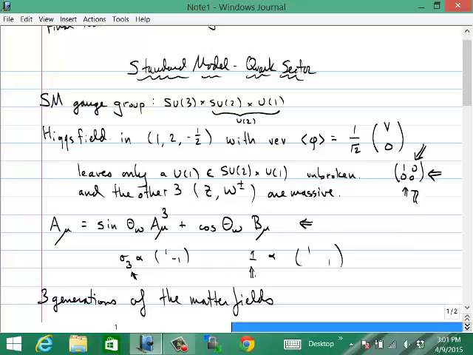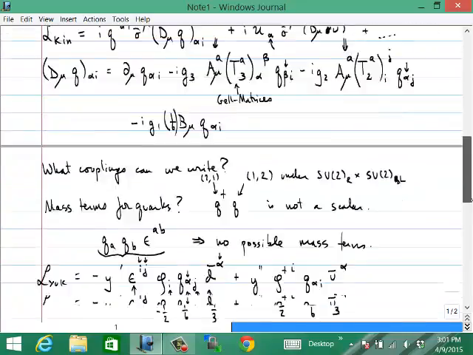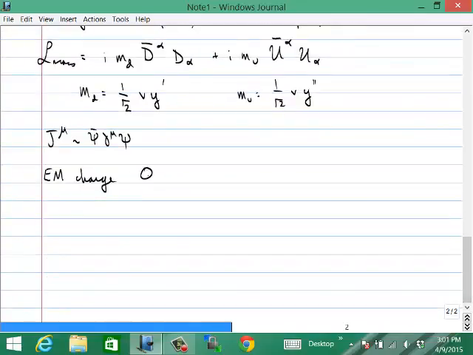It's T3 plus the identity matrix, so the electromagnetic charge of a field is given by its T3 eigenvalue plus its hypercharge assignment. That's just the statement that electromagnetic charge, the unbroken part, is generated by that matrix right there. So we can then go ahead and evaluate that.